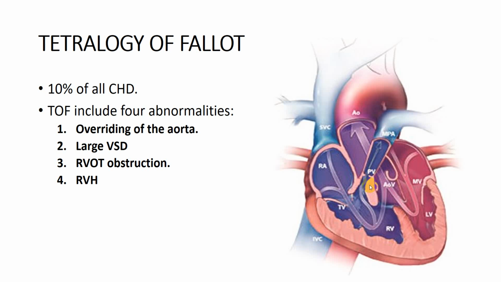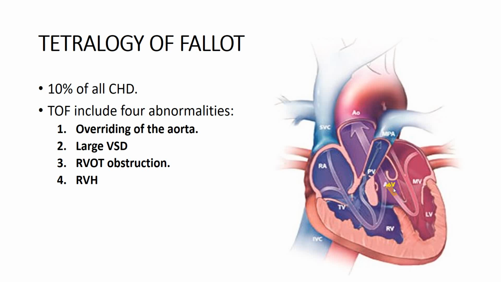As pulmonary stenosis becomes more severe, more blood is shifted to the left side, and the patient presents with more cyanosis. In some cases with mild RVOT obstruction, the patient usually presents later, with only mild cyanosis and sometimes no cyanosis at all. It's called pink TOF.